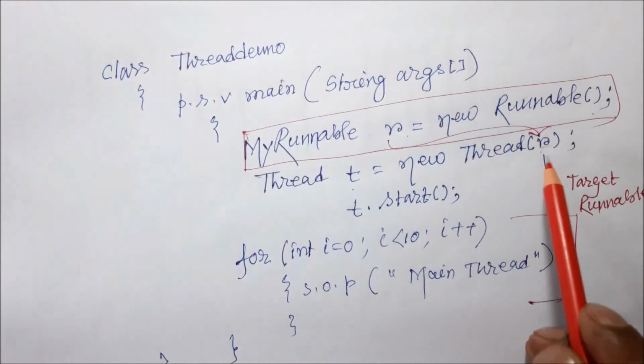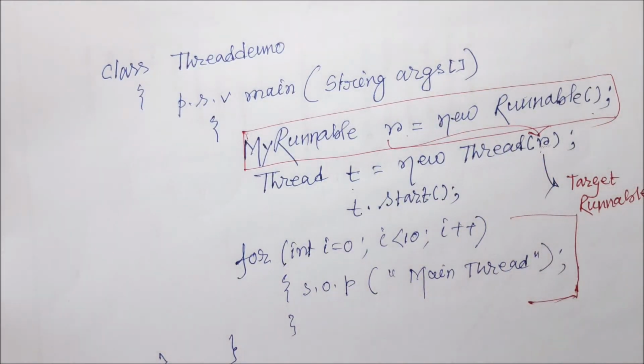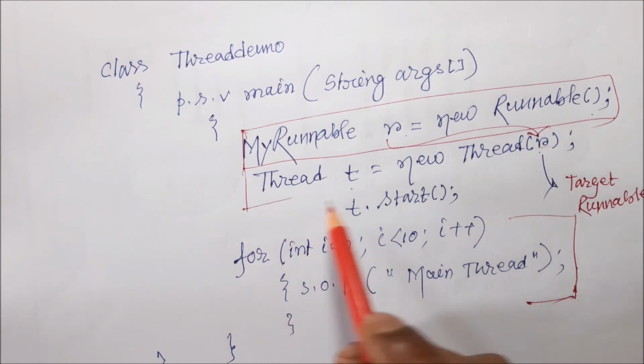Otherwise, if I don't pass this, the thread class run method will be executed, and it is an empty implementation. It means that there is no output.